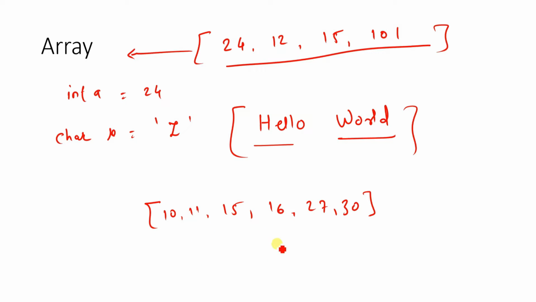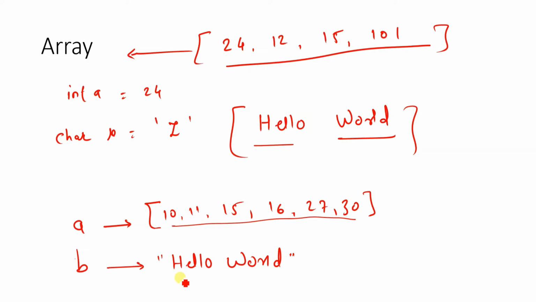And that entire construction of all the numbers combined is allocated to a single variable. For example, let's say A may consist of this, or B may consist of hello world. Both of them are actually arrays. There is a small difference which we'll discuss later on. First of all, this is an array of numbers and this is a collection of alphabets, although it is also treated as array in C programming.